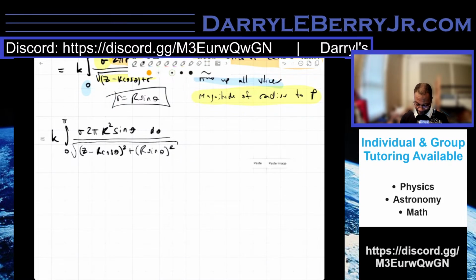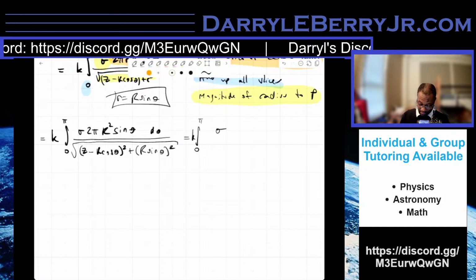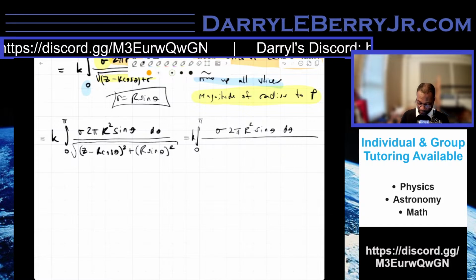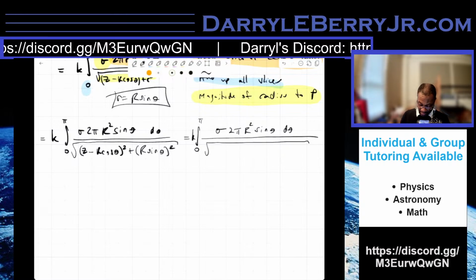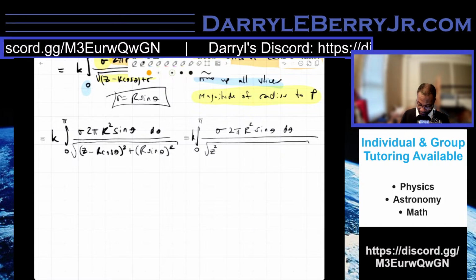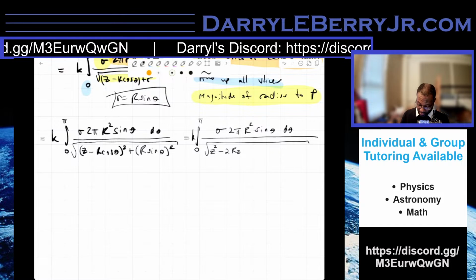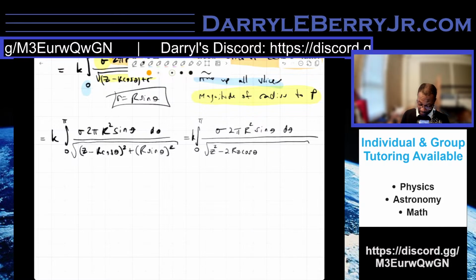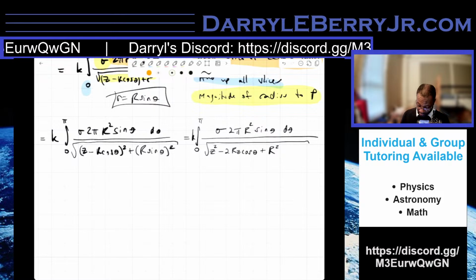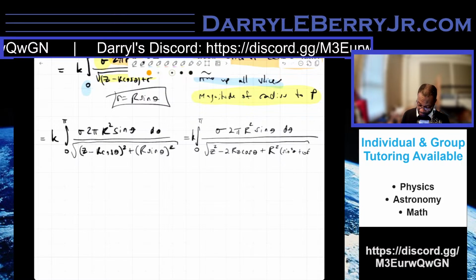Let's make things interesting. So we have k, 0 to pi, sigma 2 pi big R squared sine theta d theta divided by the square root of z squared, and then we have minus 2rz cosine theta plus r squared sine squared theta plus cosine squared theta.